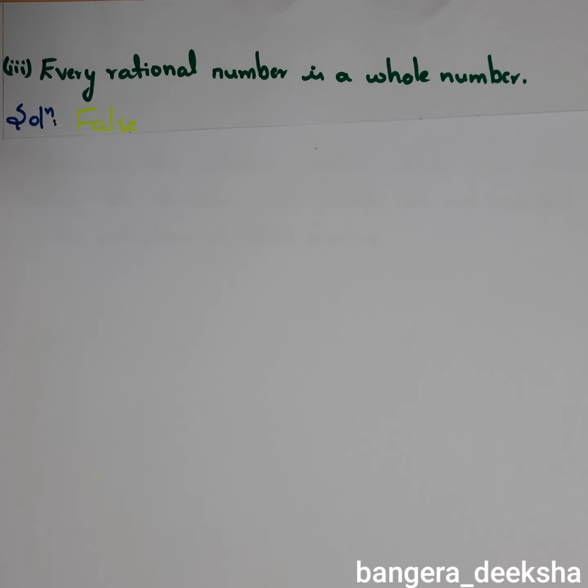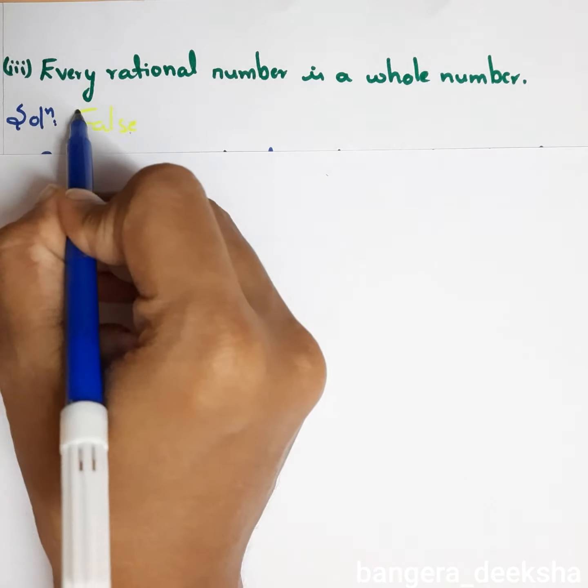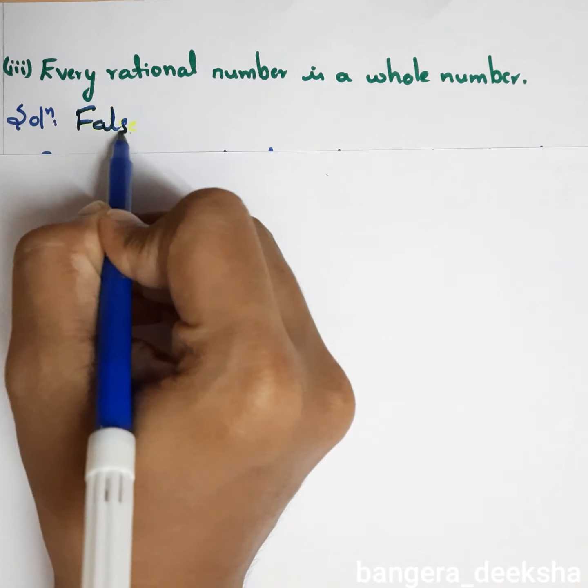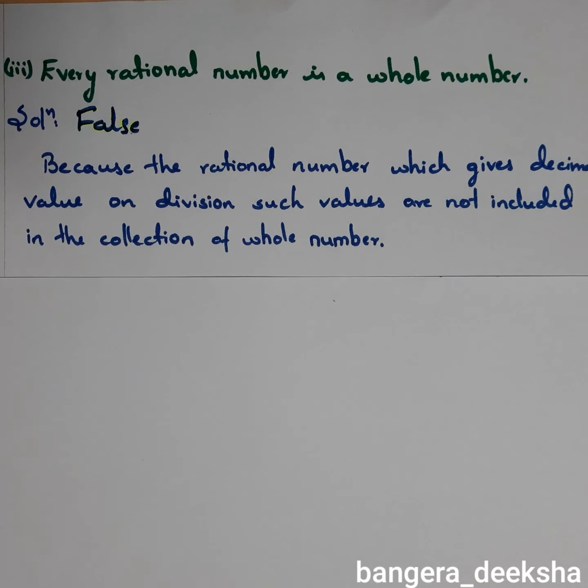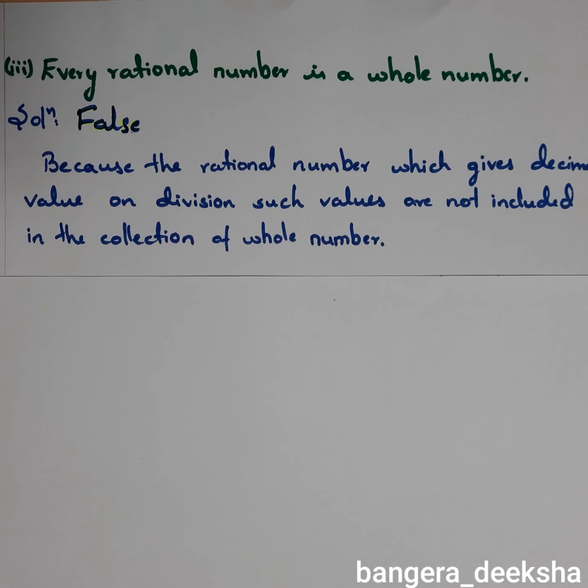So you get the solution as false, and another reason is that a rational number which gives a decimal value on division is not included in the collection of whole numbers. Suppose the number 5/2: when you divide 5/2 you get 2.5. Such values are not included in whole numbers.